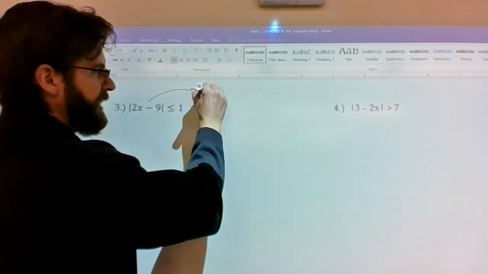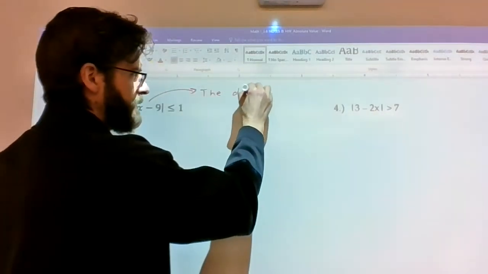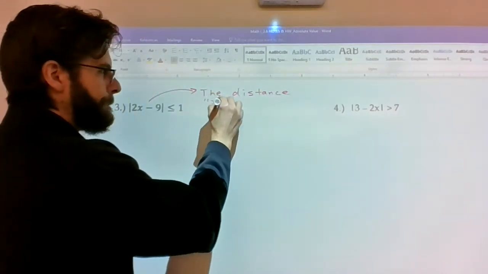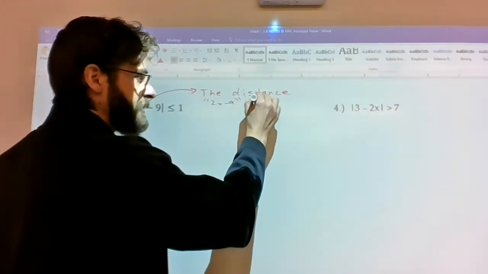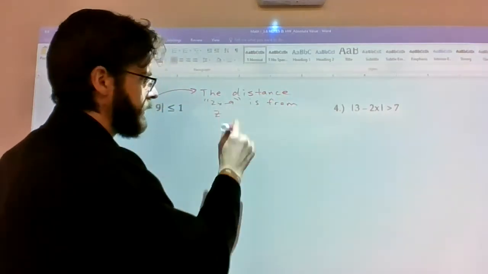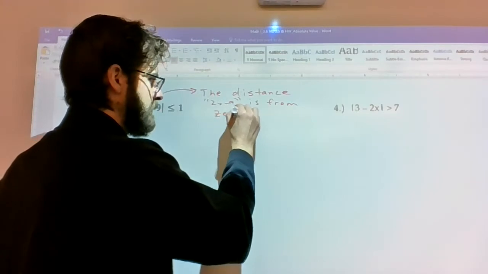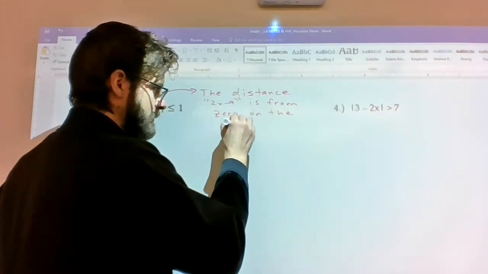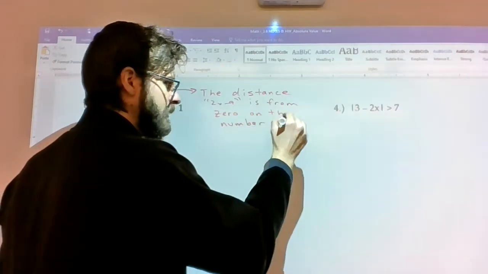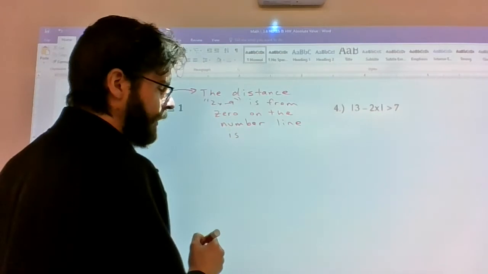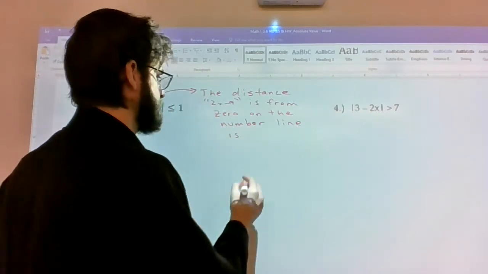This is saying the distance 2x minus 9 is from 0 on the number line, and I know I'm getting kind of wordy here, is less than or equal to 1.